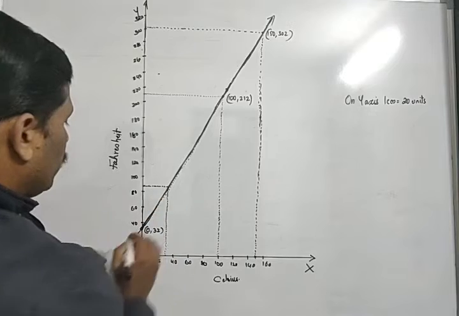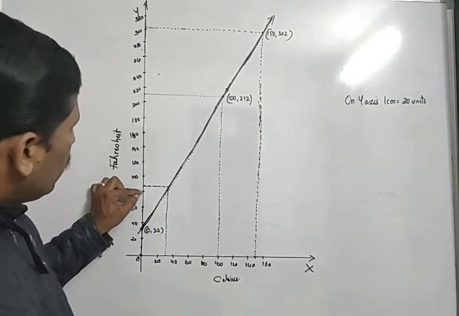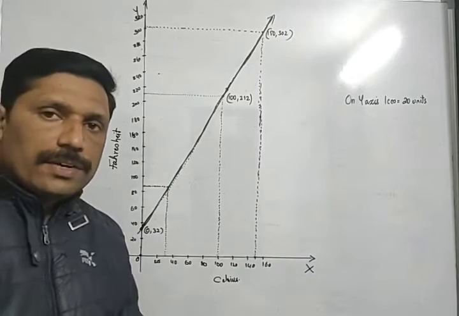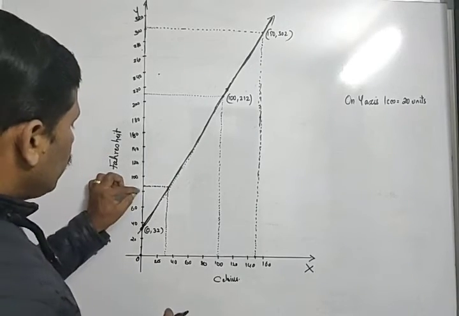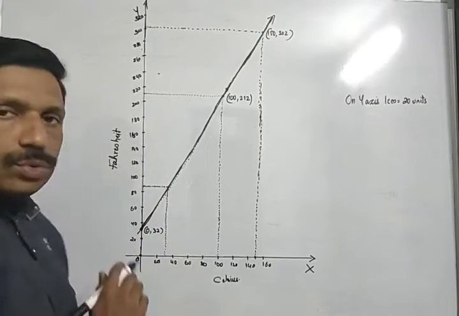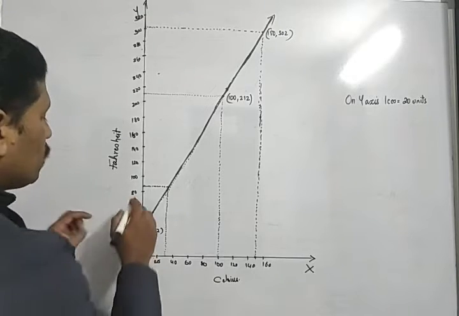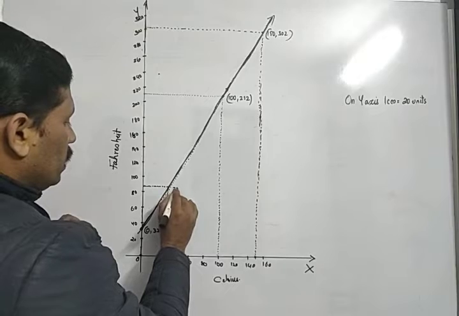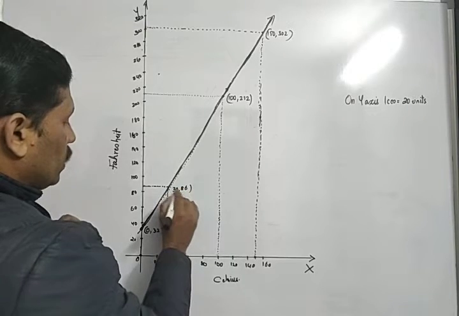That means it will reach here, around after 80, I think 3 millimeters. If you draw with the scale, you can clearly see that it is after 80, 3 millimeters, 1 millimeter is 2 degrees Fahrenheit, therefore 3 millimeters is 6 degrees, that means 86. So here 30 is equal to 86.